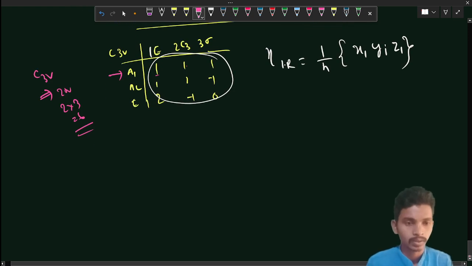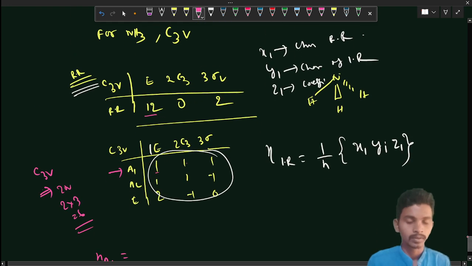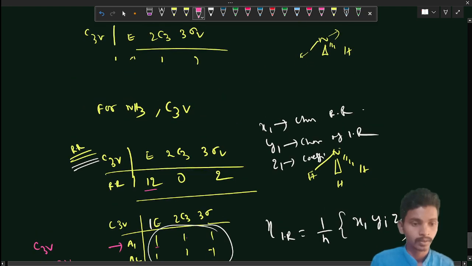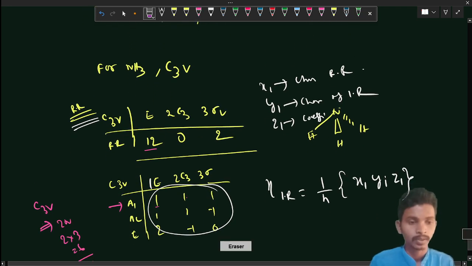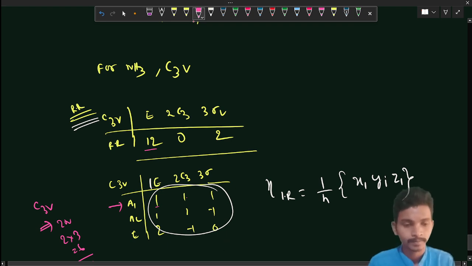I will write it here so that it is visible and my writing will be quick. So for nA1, first the order is 6.